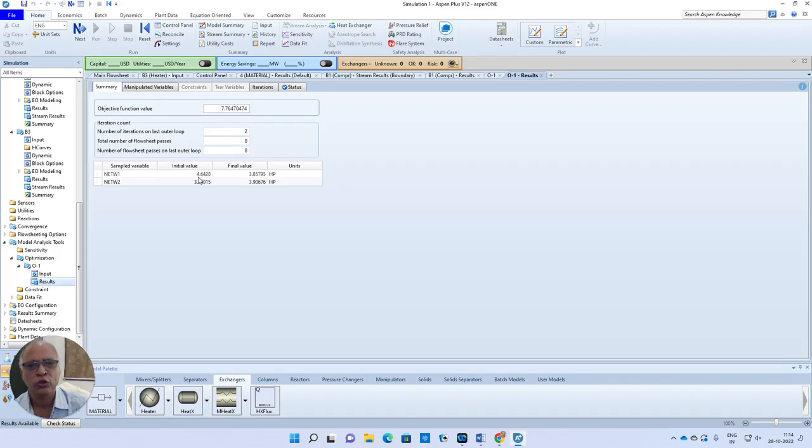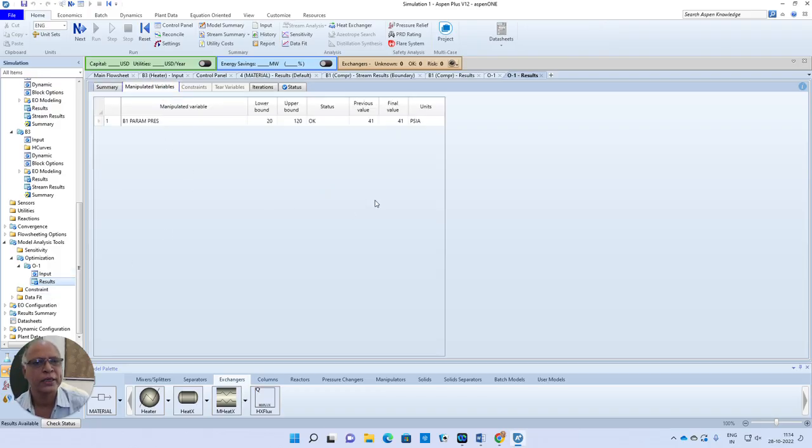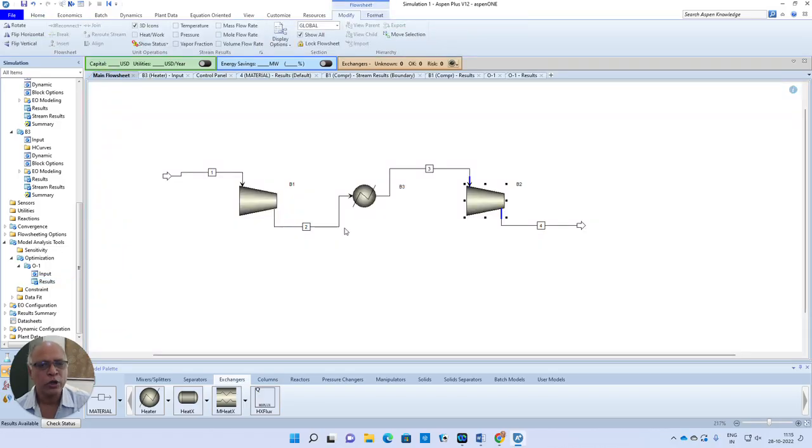In fact, we were very close to that value even in the beginning, because probably the manipulated variable started with 50 and the optimal pressure at the exit of the first compressor will minimize the total work required. Of course, in this example, you have seen an optimization problem which is unconstrained. In one of the other problems, especially the reactor problem, two CSTRs connected in series, we have seen a constrained optimization problem. So let me close the session with this.